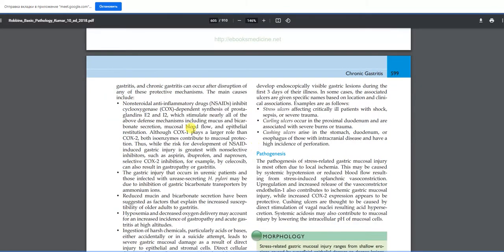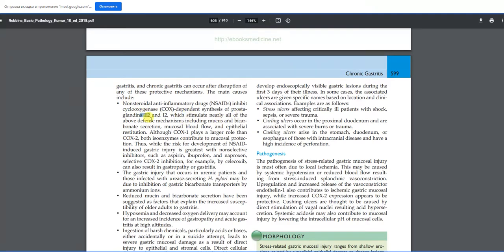So what's the role of non-steroidal anti-inflammatory drugs? When you prescribe the most common drugs, like ibuprofen or other things, you have to pay attention to their pharmacodynamics. Cyclooxygenase is inhibited by NSAIDs. That's the main cause of it. And what is cyclooxygenase dependent synthesis? It's E2, I2. Actually all prostaglandins are produced, but for us more important right now are E2 and I2.